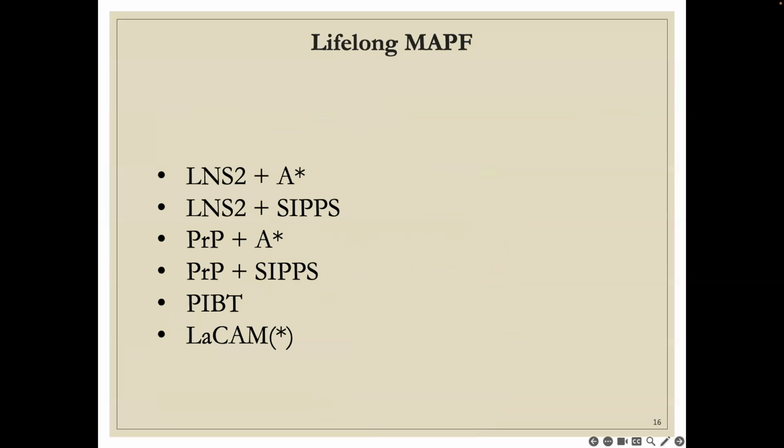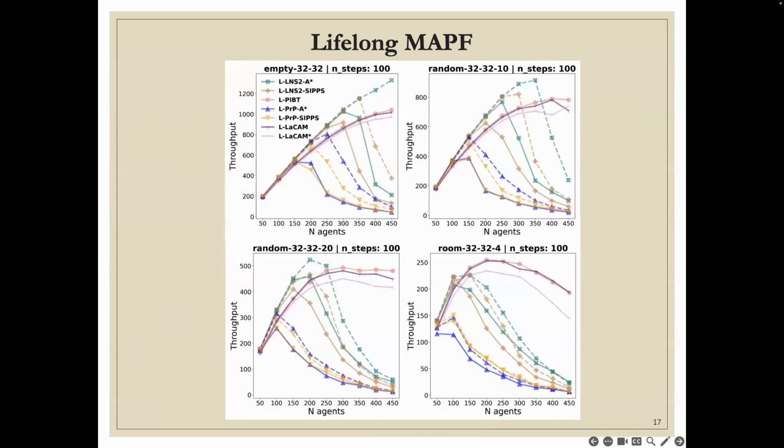In the experiments, we compare different approaches: LNS plus A-star, LNS with ZIP, PP, which stands for prioritized planning with A-star, PP with ZIP, PIBT, and LaCAM star. And here are the results. The dashed lines are the APF-enhanced versions of these algorithms, and the solid lines are the basic versions.